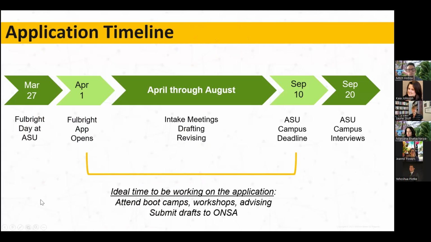So why are we here today in mid-April, when the deadline for the Fulbrights is not until usually early October? In this case, I think the deadline is going to be October 8th. The reason is that these are very involved applications that take a lot of time and a lot of energy to complete successfully.